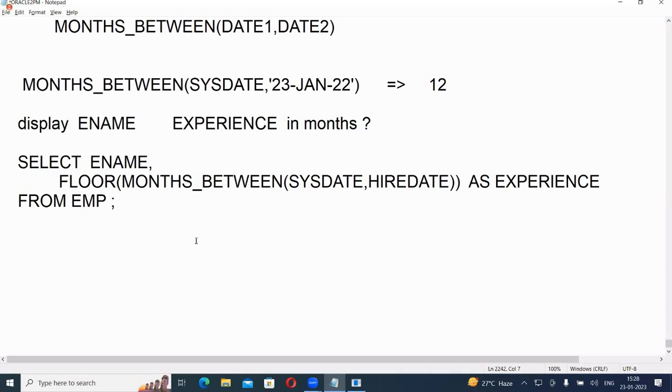Okay, then. His monthly salary is 800. Total how much salary has been taken till today? Actually salary changes, but assume his monthly salary is 800. He is working since 505 months. What is the total salary taken till today? 505 into 800.